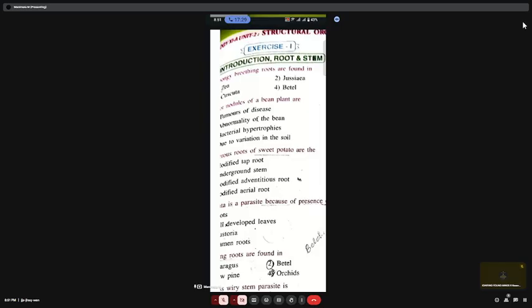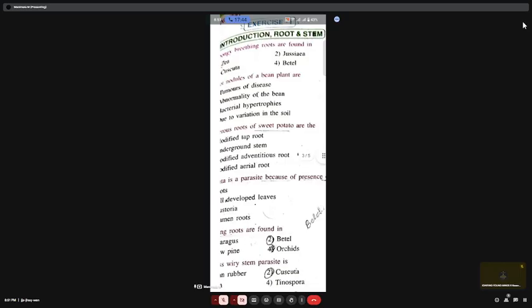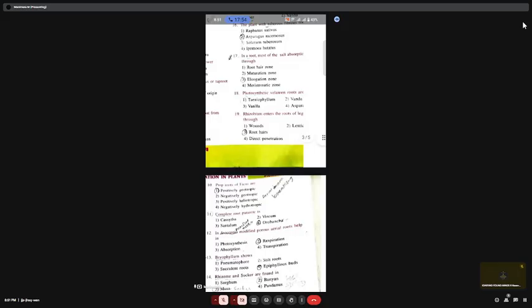And the roots of the sweet potato are modified adventitious roots. And the next one: the Rhizobium enters the roots of the legume through the root hair.